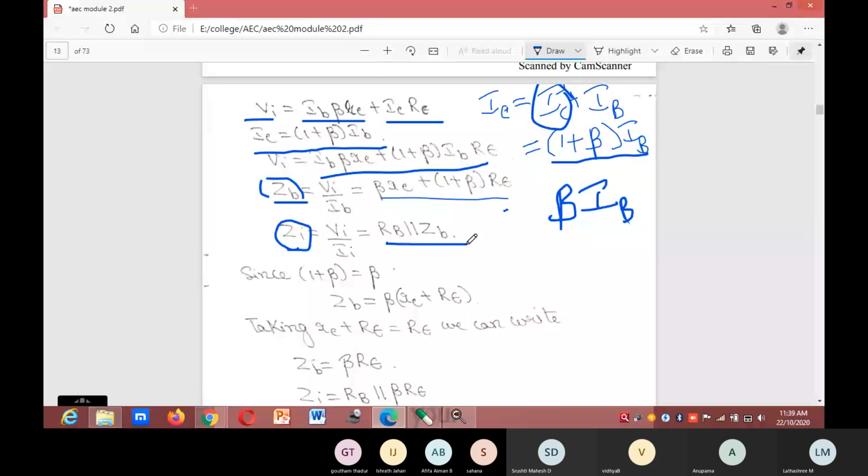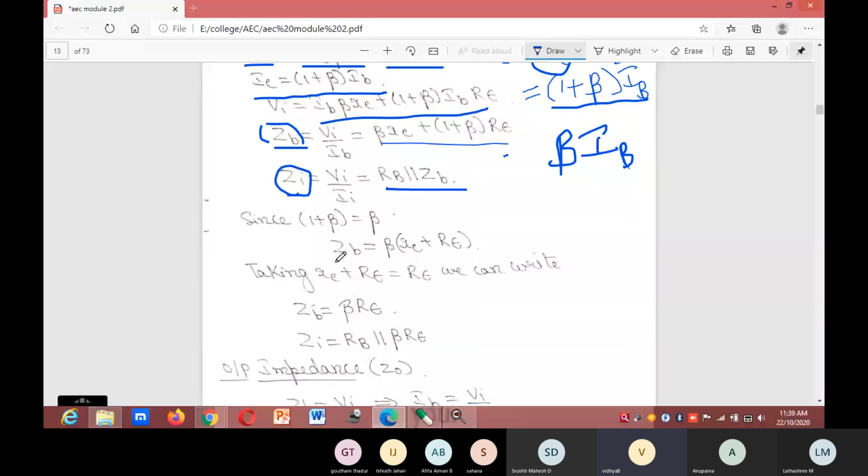Since 1 plus beta is approximately beta, ZB becomes beta (re plus RE). Taking re plus RE as RE, we neglect re since its value will be small. So ZB is equal to beta RE, and Zi is equal to RB parallel beta RE.